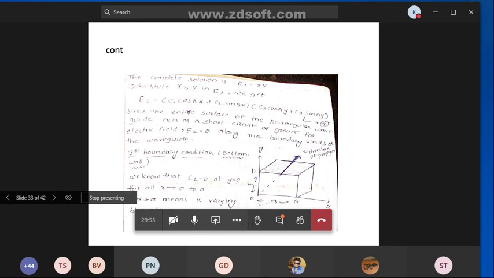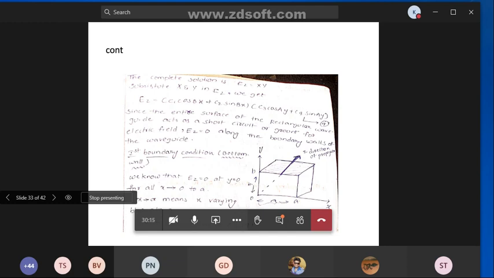So it is 0, it is x, this one is y, right? So we know that Ez equal to 0 at y equal to 0. See here the vertical line, so this direction is y direction.